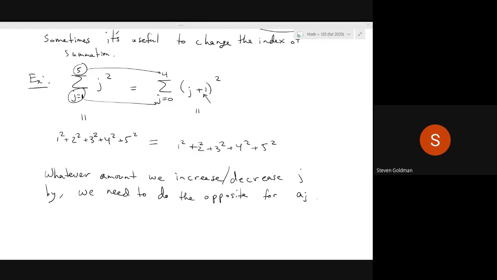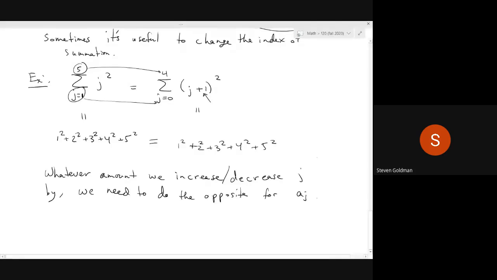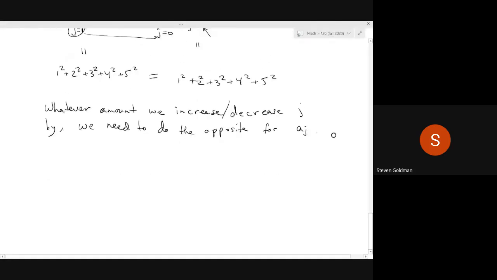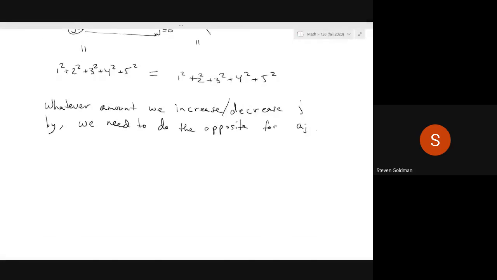So you might need to adjust to get to that. Another example could be, if you have two different sums that you want to add together. To add them together, they would have to have the same index.